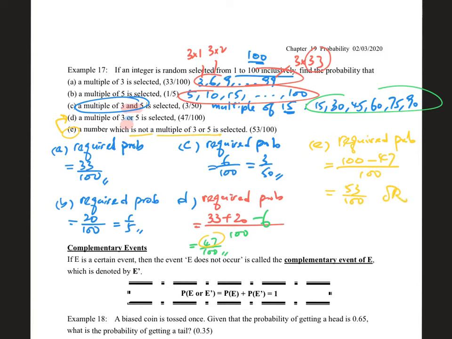This is what we go through when we talk about complementary events: the total probability should be 1. So when you talk about its opposite, it should be 1 minus 47 over 100, which gives you 53 over 100 as the outcome.